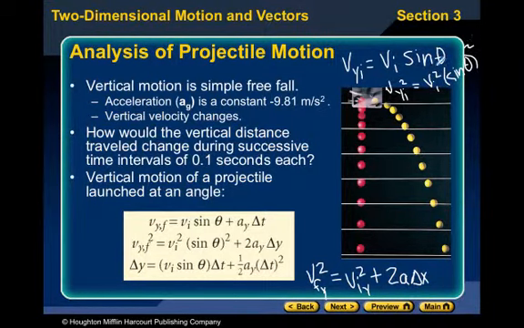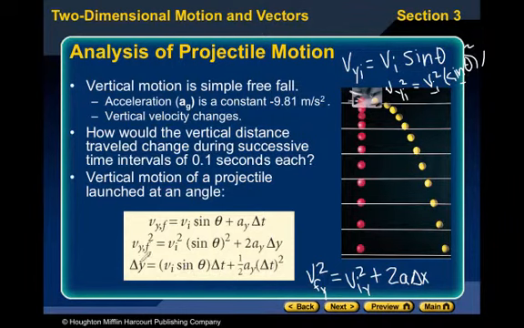They took this right here, plugged it in here. Does that make sense? And then plus 2a, and we use delta y because we're looking at the y direction, not the x direction. So it's the same equation, they just substitute in the y direction parts.